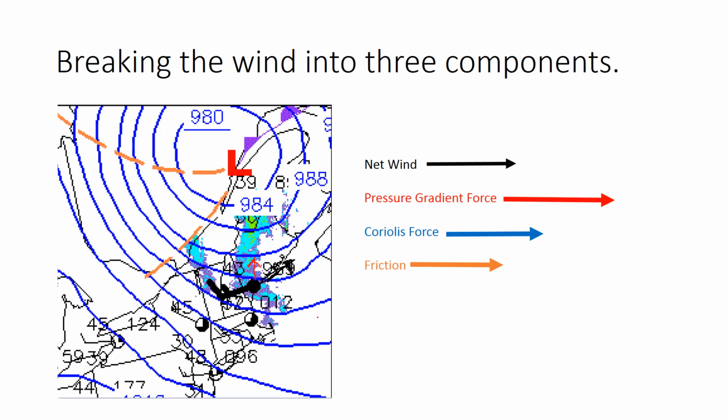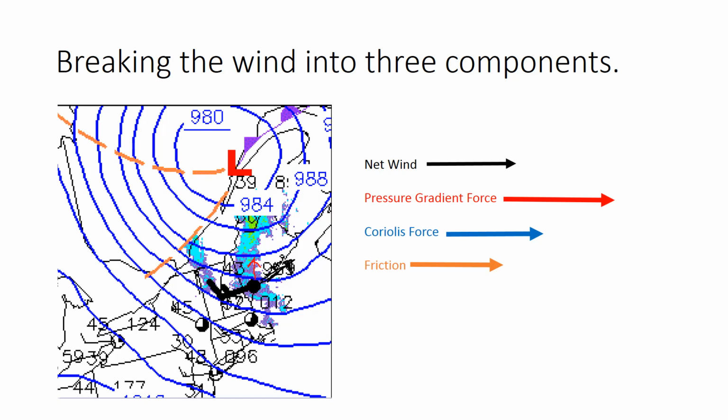That indicates what direction the pressure gradient force is pulling the wind towards. The next force you're going to draw is the Coriolis force. And that I will do in blue to honor this color here. The Coriolis force will be 90 degrees to the right of the wind's path.